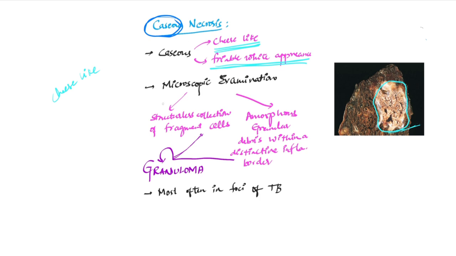In the microscopic examination, what you're going to find are structureless collections of fragmented cells and amorphous granular debris within a distinctive inflammatory border. These two together in the microscopic examination tell you that there is the presence of granuloma.